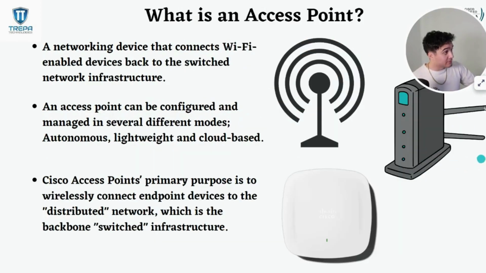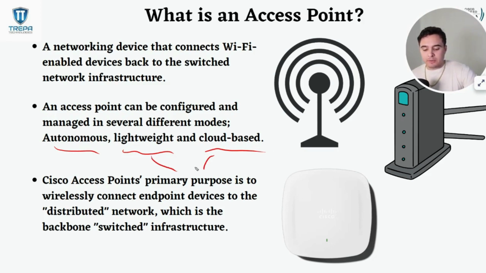An access point. A wireless access point is a piece of hardware that allows your Wi-Fi enabled devices to reach back to the network infrastructure, or the distributed infrastructure, as they like to call it in Wi-Fi terms, the distributed network. In Cisco, we have different types of access points that we're going to learn about: autonomous, lightweight, and cloud-based.